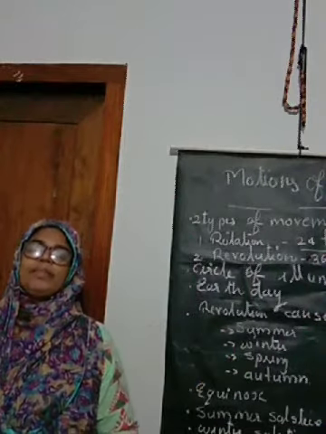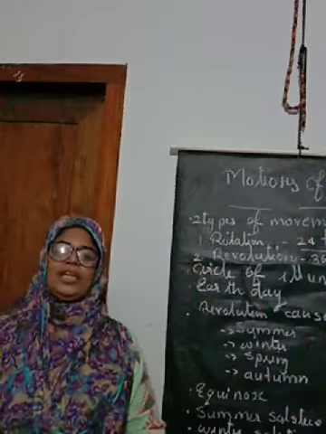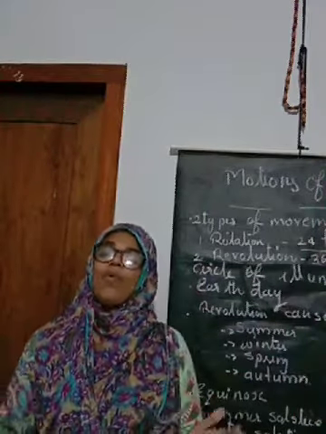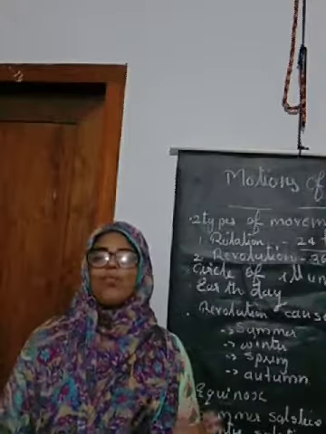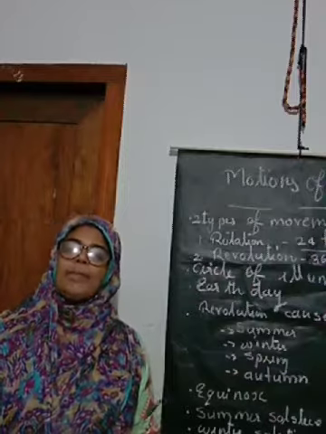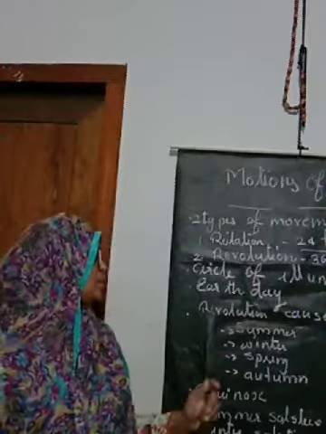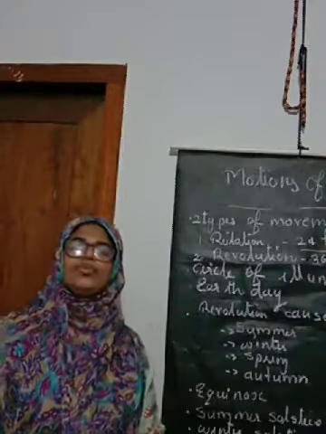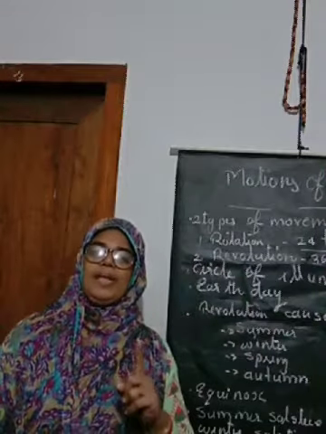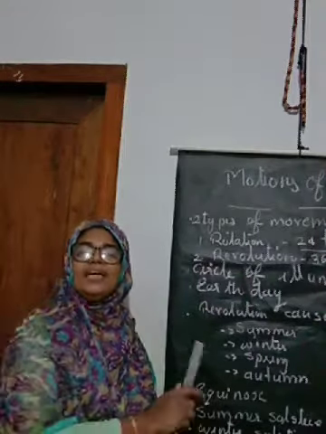Earth Day is the period or duration that earth takes for one spin on its axis. That means self-movement. This self-movement of the earth, the period for the self-movement of the earth is called Earth Day. What is the duration of this Earth Day? You know, it's 24 hours. That is one day. So one day is Earth Day.